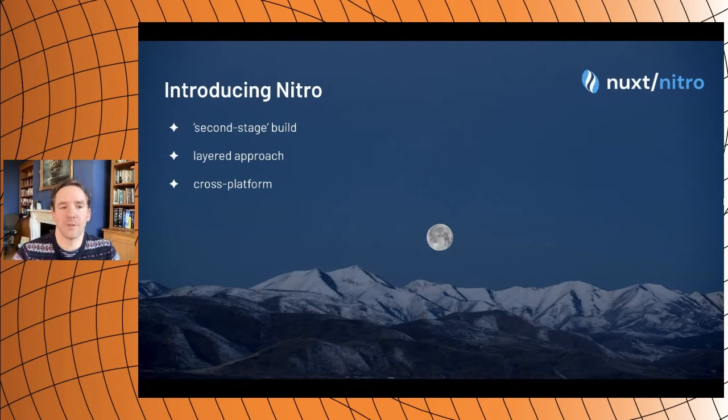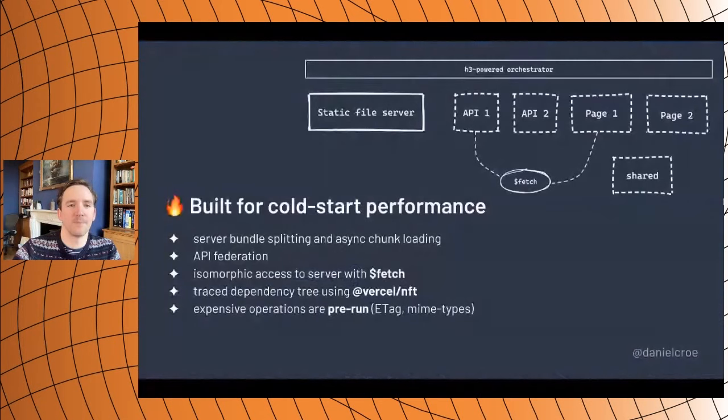And this second server becomes what you run with Nitro. It's cross-platform, which means it can run in far more than just your node environment, and that enables lots of really interesting features as well. So let me go into more detail.